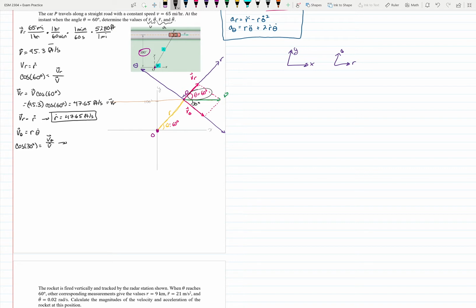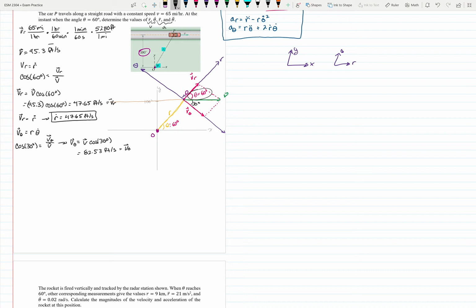Solving this the same way that we solved for Vr, we get that v theta is equal to v cosine of 30 degrees, which is equal to 82.53 feet per second. And this is our v theta.